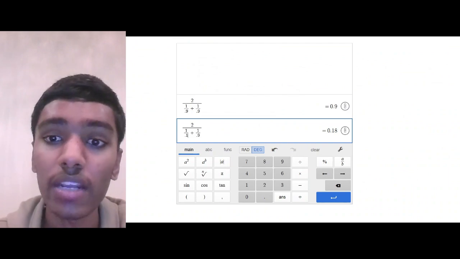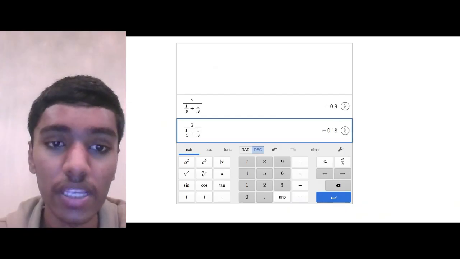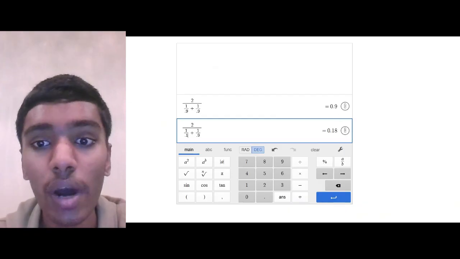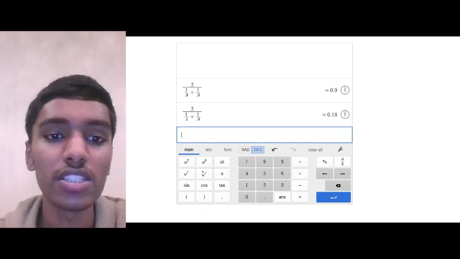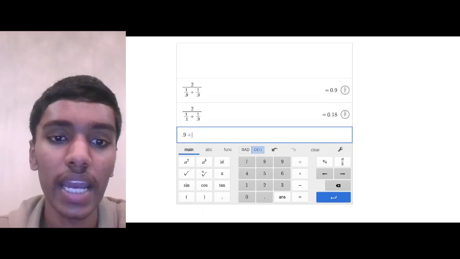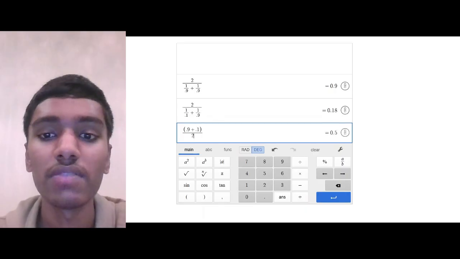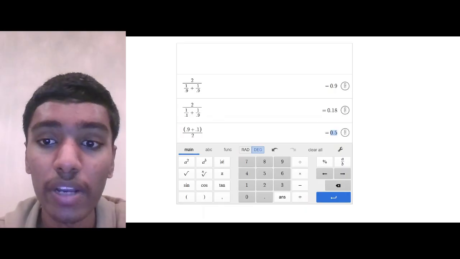You can see how it affected the harmonic mean extensively just because I skewed one individual value all the way down. But if I took the regular mean of these two values, 0.9 plus 0.1 divided by 2, I would get 0.5.